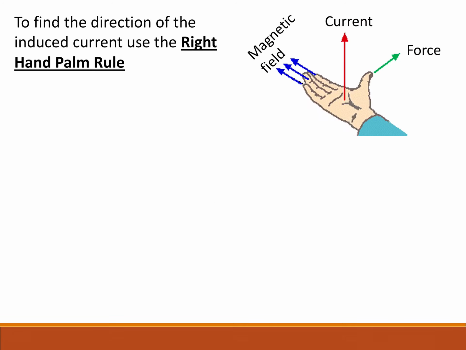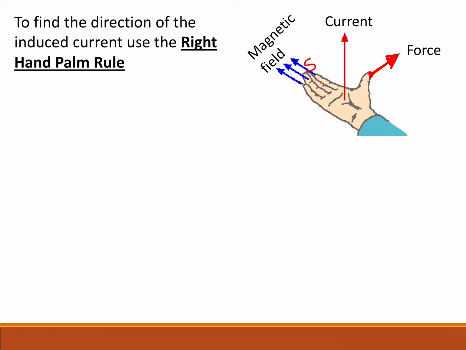Now, to find the direction of the induced current, your textbooks use a slightly different rule, where I like to use this one. So if you look at the diagram, make sure you have your right hand, your thumb, so the top of your thumb always points in the direction that the wire is being moved in. All right, so in a generator, we're moving the wire, and your fingers point in the direction of the magnetic field.